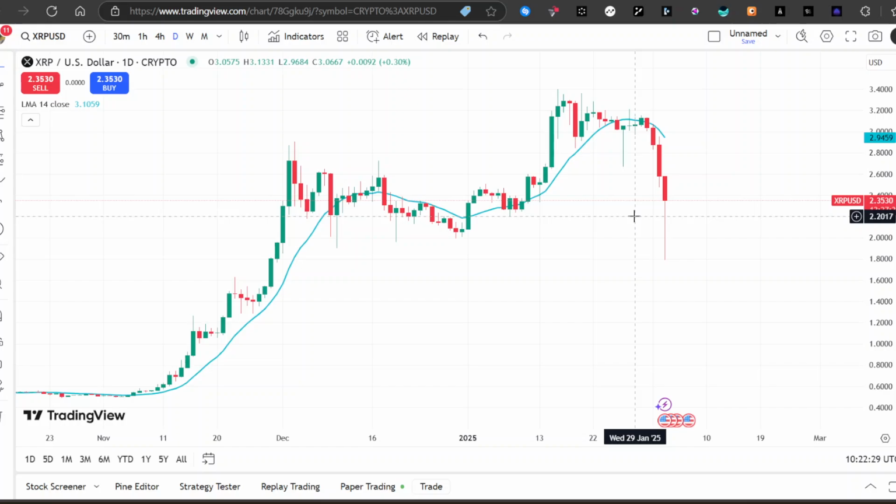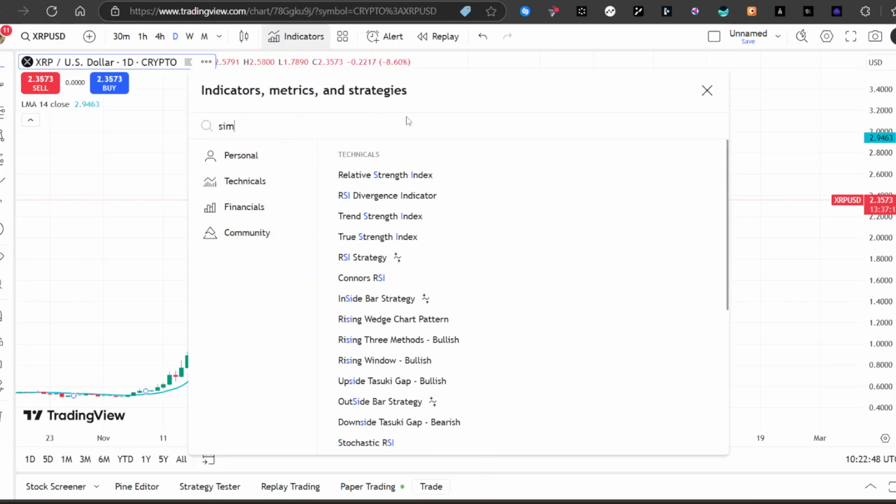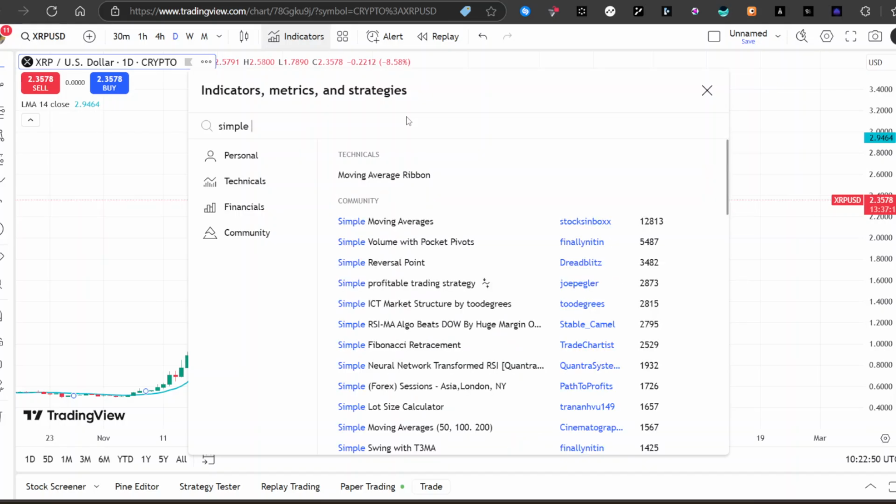All right, so you can see why it is different. Now as for the SMA, this is period 14, so I'm just going to add a simple moving average.